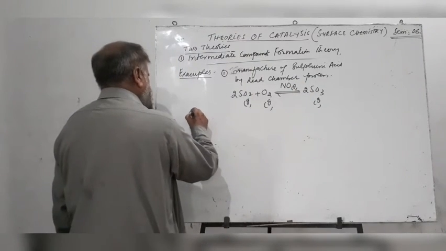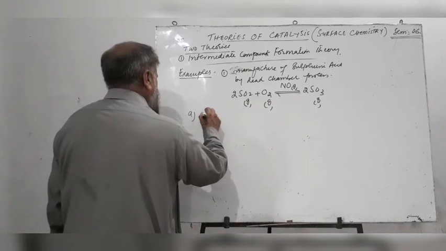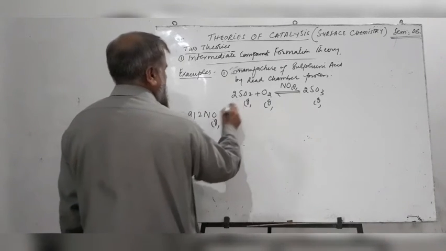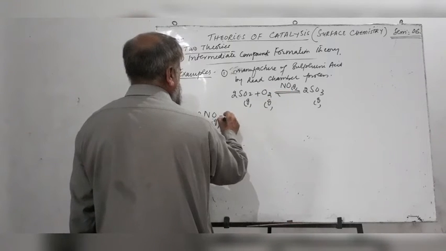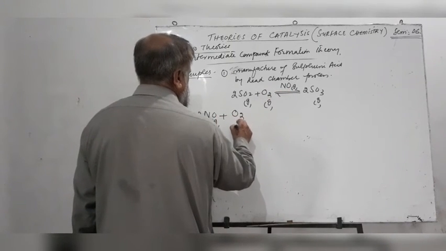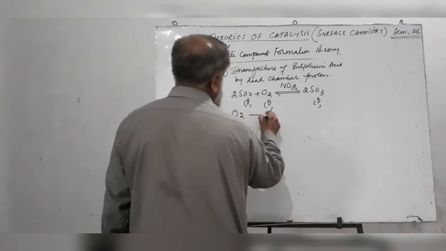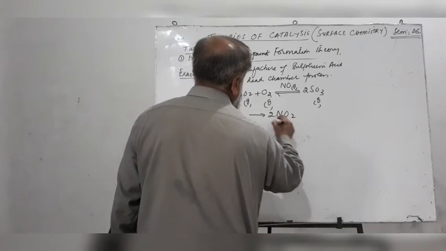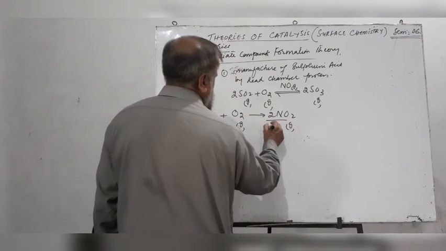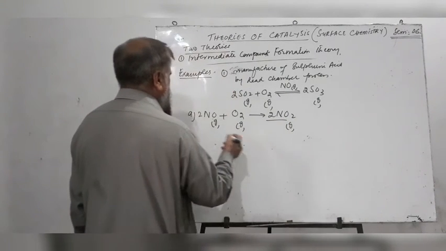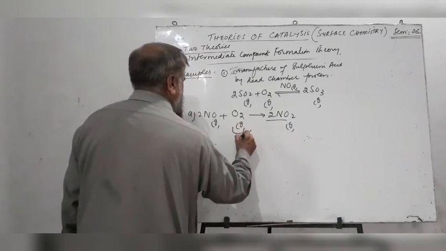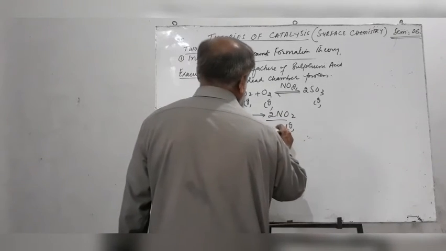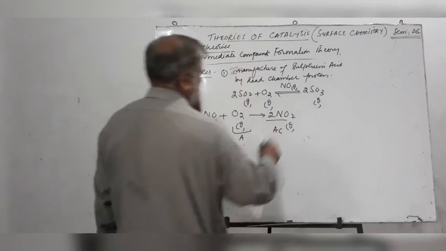Now, in the first step, oxygen, which is the first reactant A, combines with nitric oxide to produce NO2, nitrogen dioxide. It may be considered as intermediate compound. Now, oxygen is reactant A, NO is catalyst, and here we have AC.